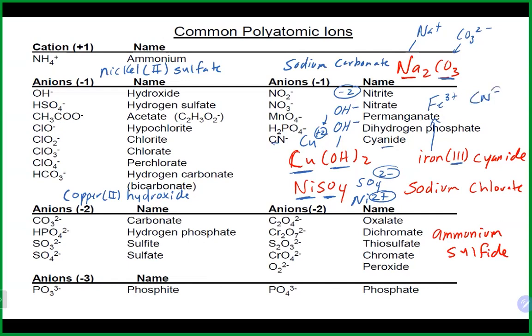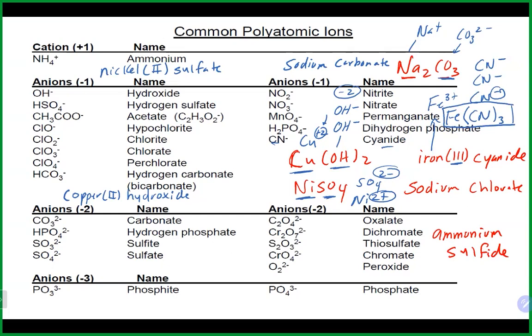We need not one of these, but 3 of them to balance out the charge. That would get us our proper formula of Fe. We do need to put parentheses because there's more than one of these polyatomic ions, Fe(CN)3 on the bottom there. Any questions on that one?